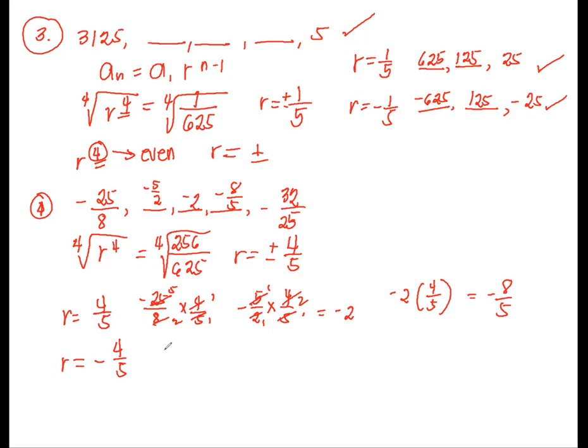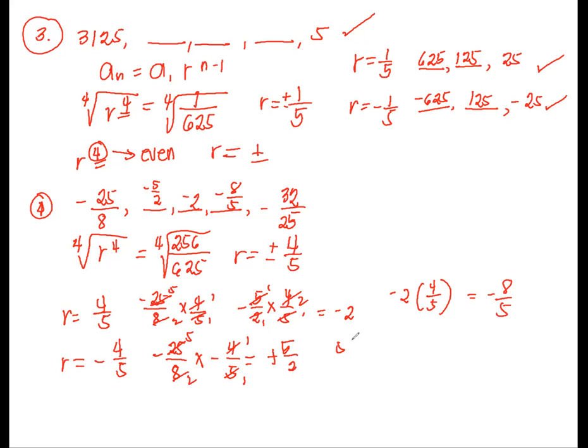So that would be negative 25 divided by 8 times negative 4 over 5. So negative, negative, it's positive. 5, 1, 1, 2. So positive 5 over 2.